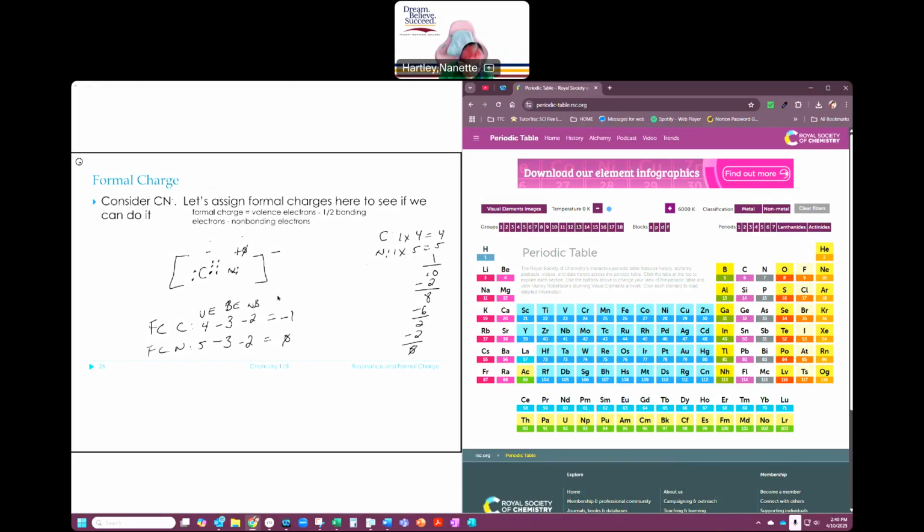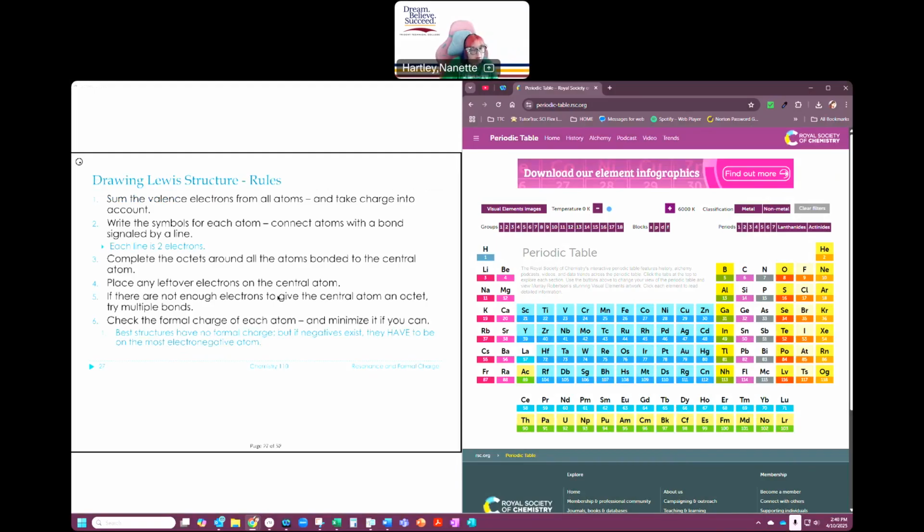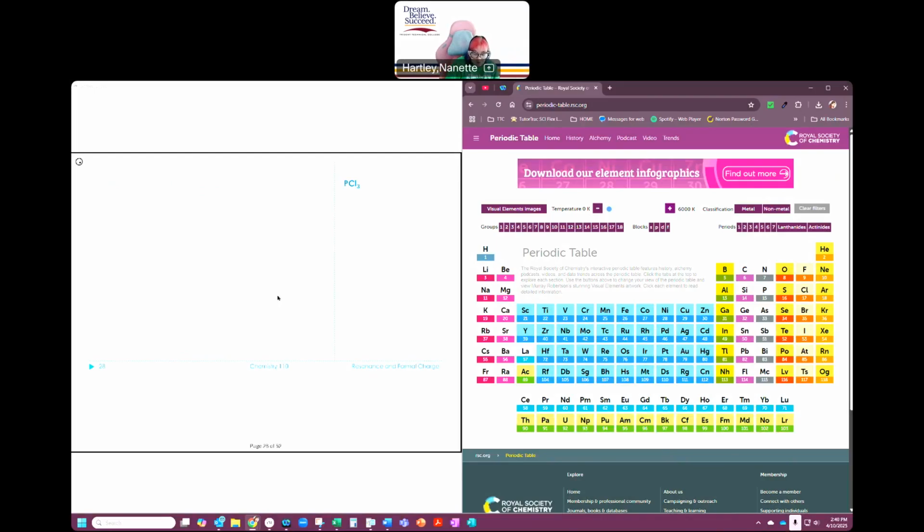So, questions on that one. Again, we want to make sure that we're checking that formal charge to see if we can minimize the formal charge that we get on these structures. And we also want to make sure that when we have a situation where we have formal charge, that we minimize it as much as we possibly can. All right.